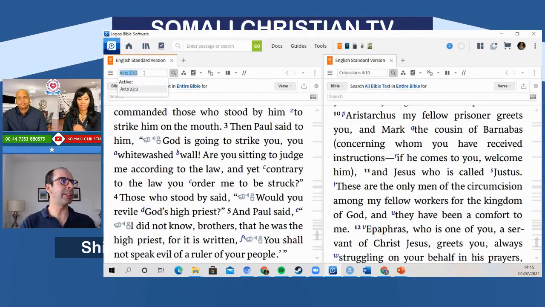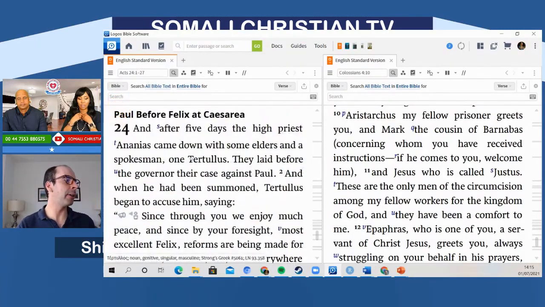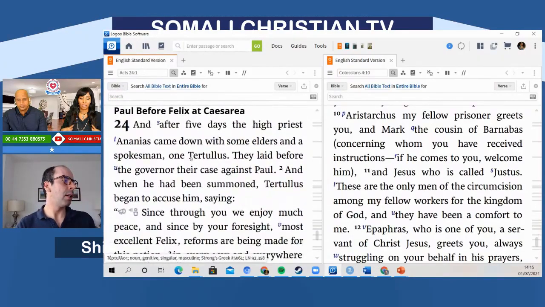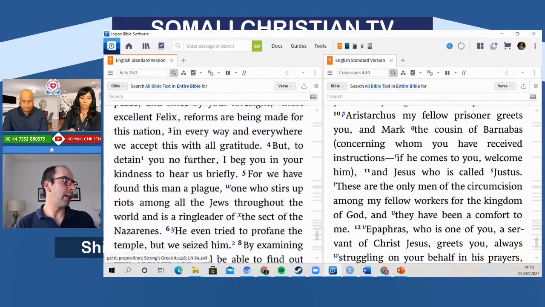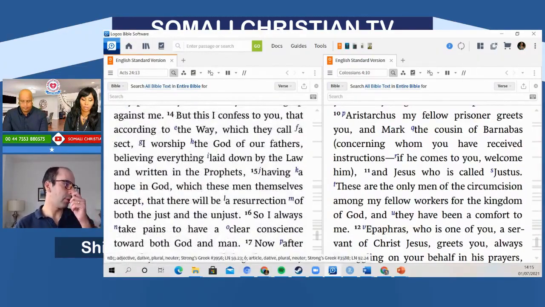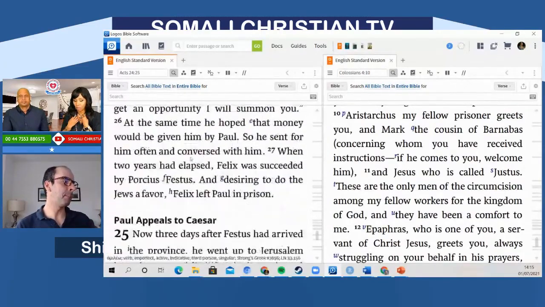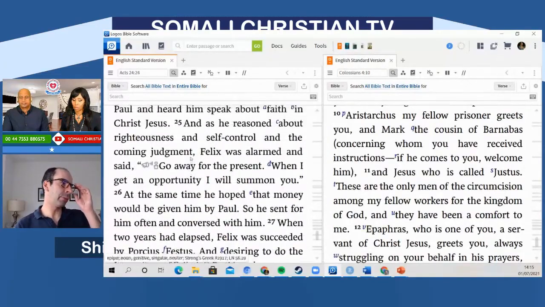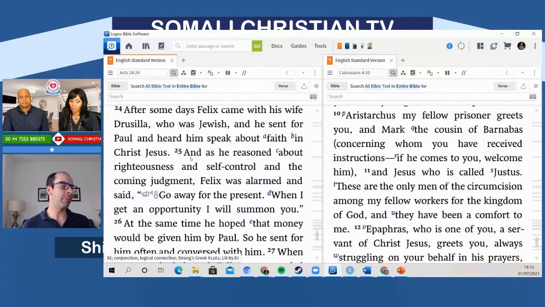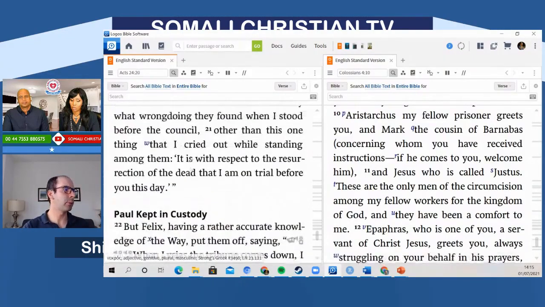You also see another example in Acts 24, where Paul is before the Roman tribune, and basically, I think it's in Acts 24.